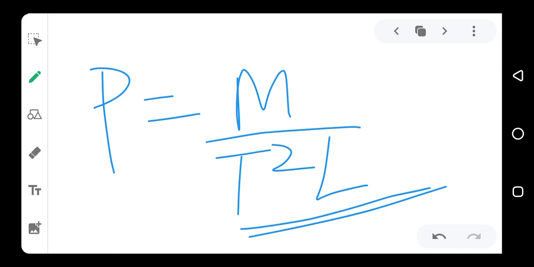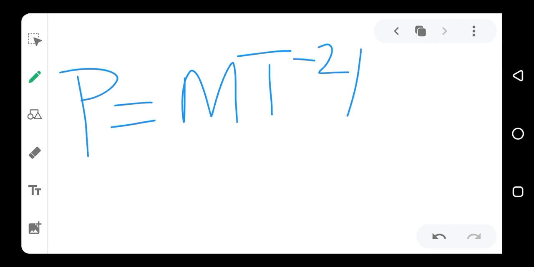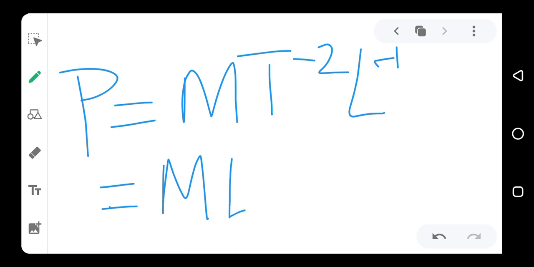So this L, anything standing on its own, is raised to power 1. So this L is L raised to power 1. Because it is under, if it's coming up, we put minus, then that's superscript minus 1. We can rearrange it to say M, then L raised to power minus 1, then T raised to power minus 2.